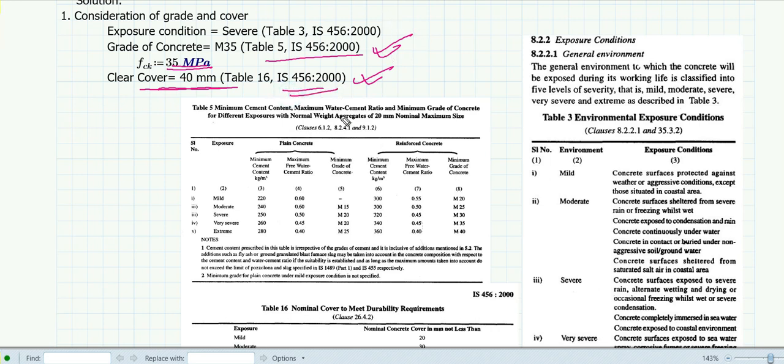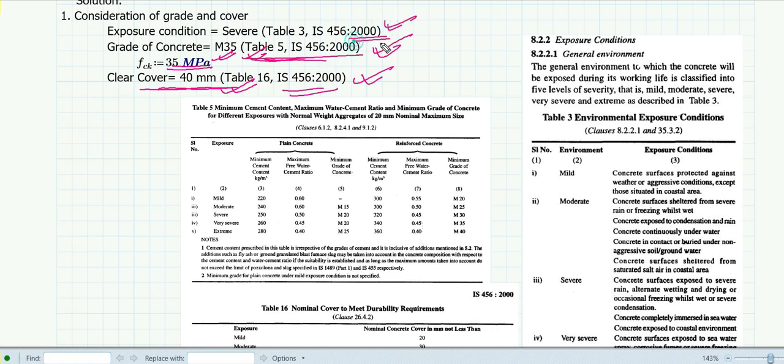Always remember, while you will be solving this problem in the exam, obviously you will not be able to snap these figures, but you always have to mention the reference, from where you have got this, from which table or which clause you have found this. So this particular thing we have got from table 5, this particular clear cover we have got from table 16, exposure condition we have got from table 3.